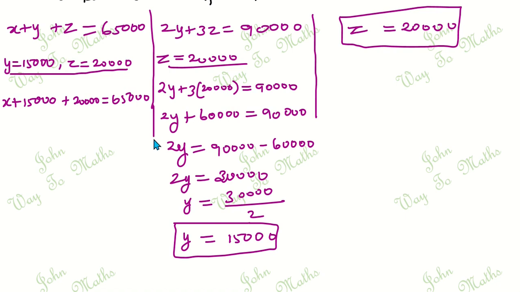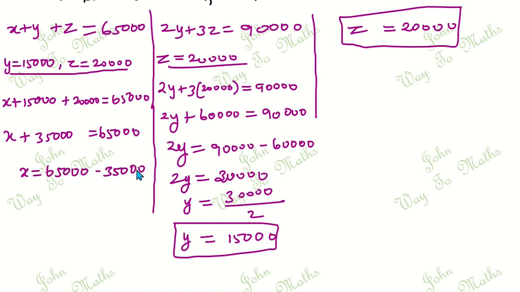So here x plus 20 plus 15 becomes 35,000 is equal to 65,000. So x is equal to 65,000 minus 35,000. So we get x is equal to 30,000 is the answer for the x value.